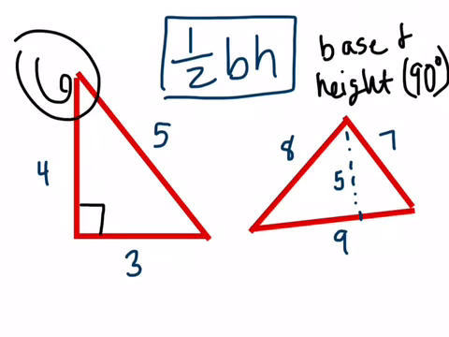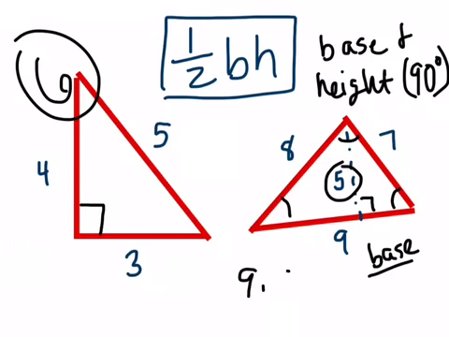In this example, none of these sides are right angles. So we'll say that this is an acute triangle. All of these are acute angles. So the base and the height are not actually going to be two sides of the triangle. One of them will be a side of the triangle, but the other will be a line that is perpendicular to the base. So if we said that 9 was our base, then our height in this case is actually 5.